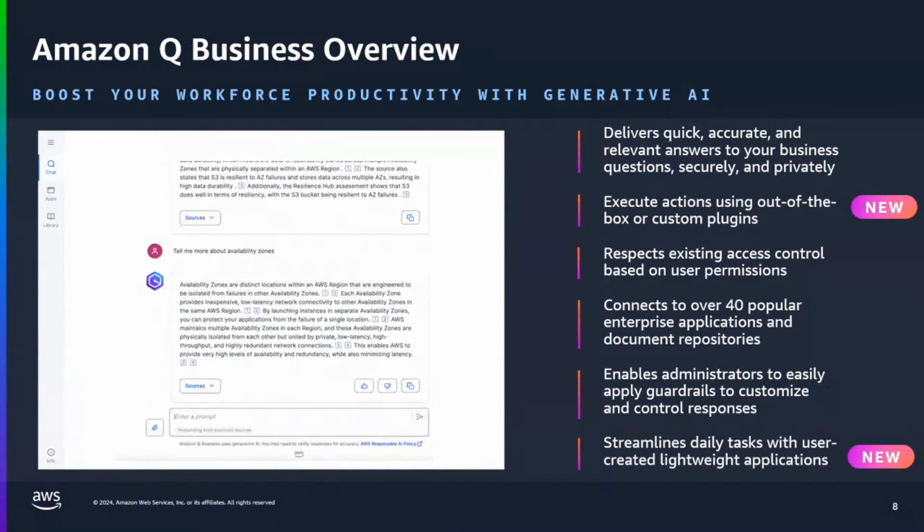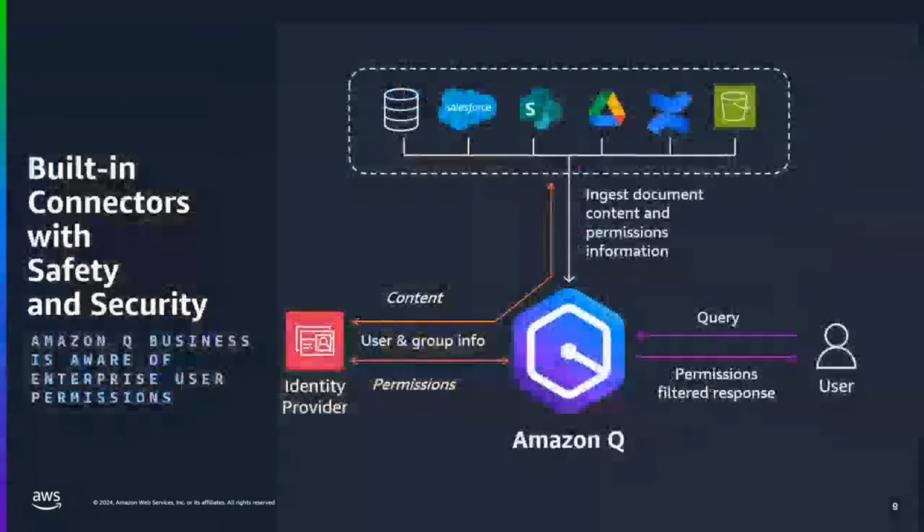So now we are going to discuss building connectors with safety and security. Here, one challenge which we face in our organizations is data silos, which brings a lot of common challenges. For example, information is scattered across the resources. There is no one place where we can work around that information.